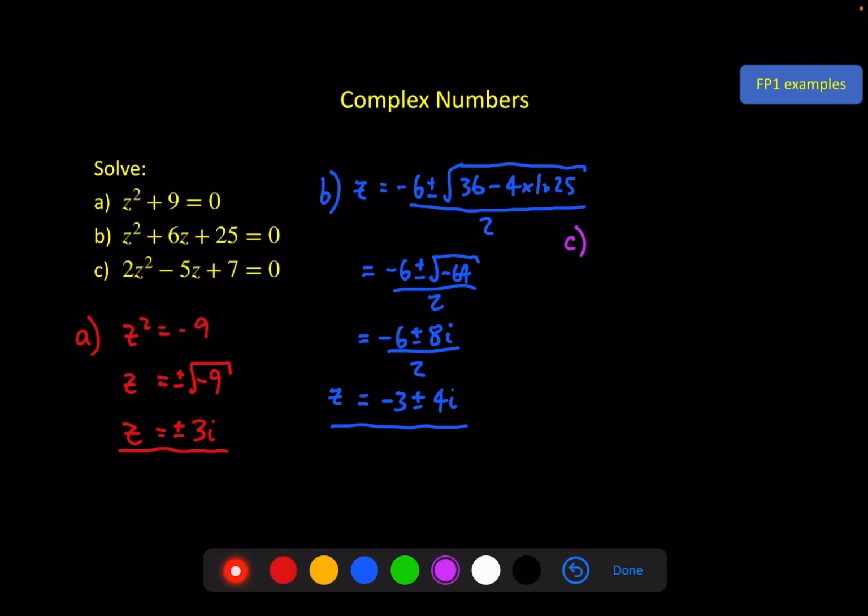Finally, part C. In an exam, you would solve this in the same way as part B, but in terms of contrasting it with our first 5 questions, I'm going to do this on my calculator. And my calculator, although it's forced to give me an x rather than a z, tells me the value 5 plus root 31i over 4.